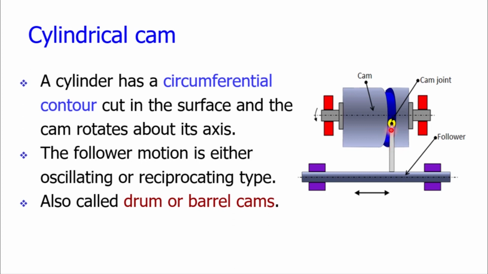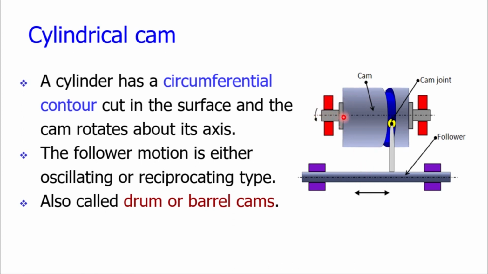The follower is engaged inside the groove, and the other end of the follower is attached to a rod which is supported by two supports. The rotary motion is given to the cylinder as the cylinder is rotating about its axis.